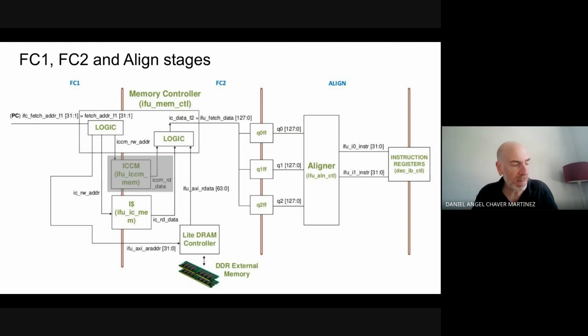If everything went ideally, we'll have 2 instructions per cycle provided to the instruction registers. Okay, 2 instructions will be stored in the instruction registers per cycle, so that the backend will be able to execute 2 instructions per cycle, as it will happen in the ideal case.